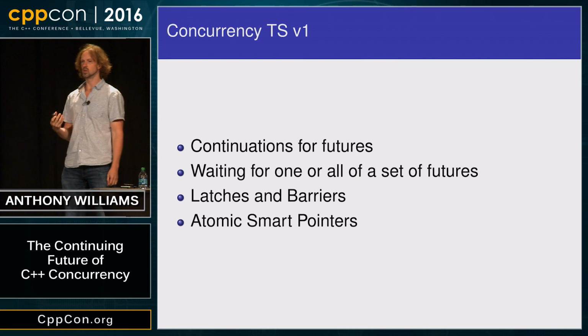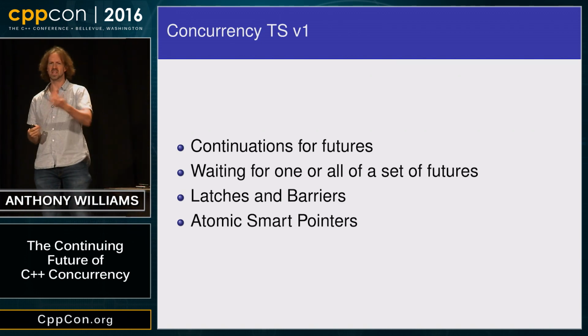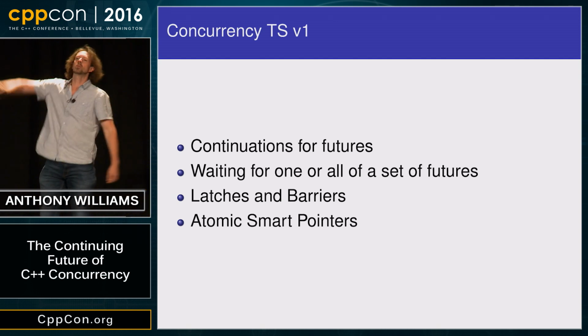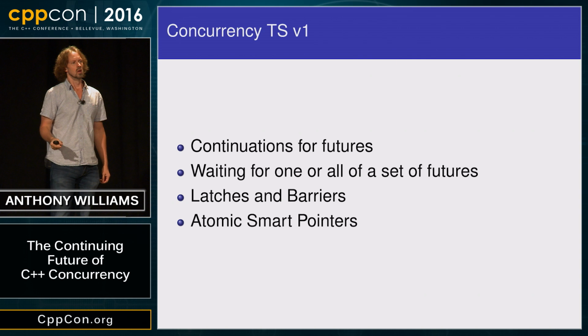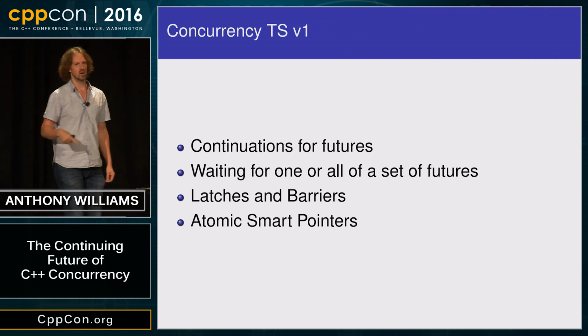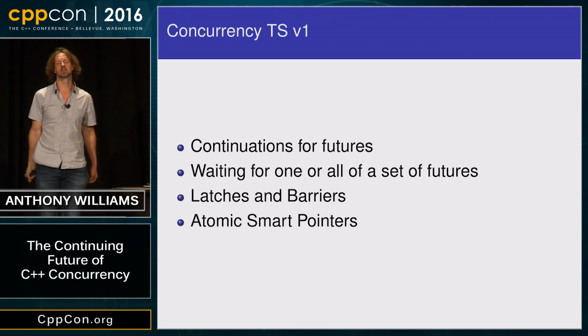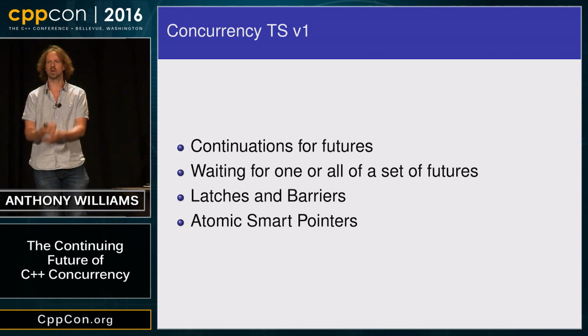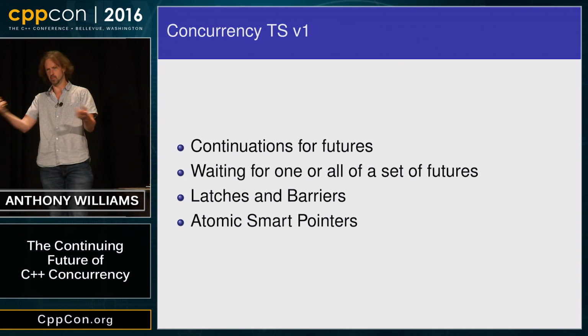So you can say, here's my future, and when it is ready, then I want to do some other asynchronous task. You can say, I've got a bunch of futures, and when they're all ready, then I want to do something. I'm going to wait for all of them to be ready, or for the first one out of a bunch to be ready.